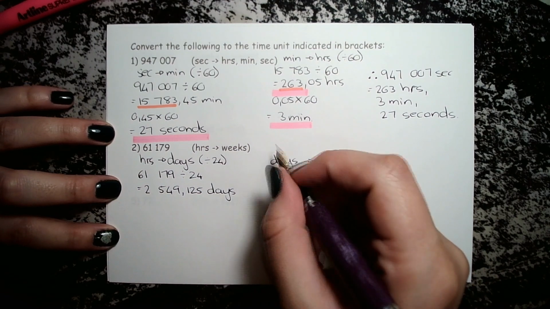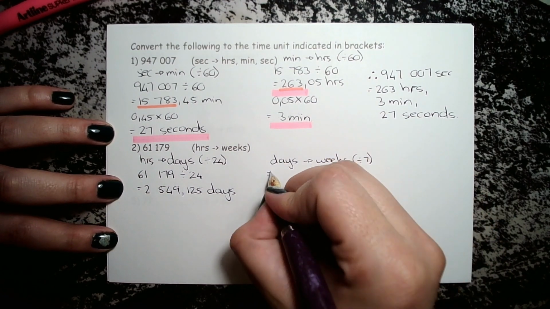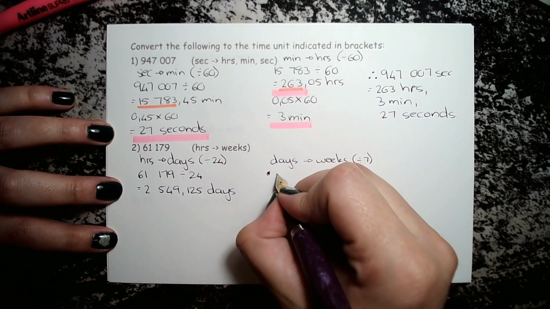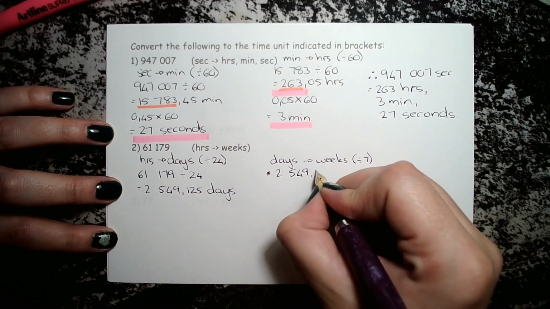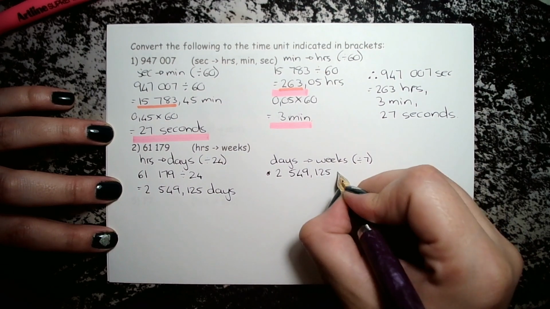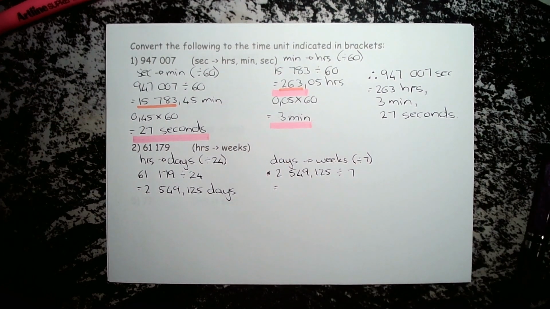We then take that 2,549.125 days. We divide that by 7. And then we will get, let me check my decimals because I did not write them down.